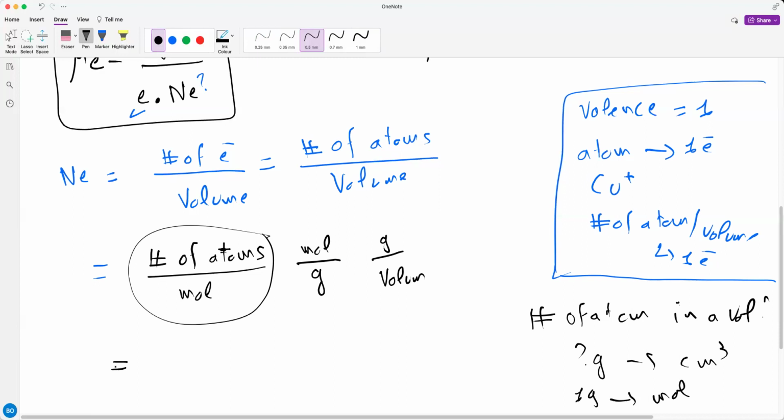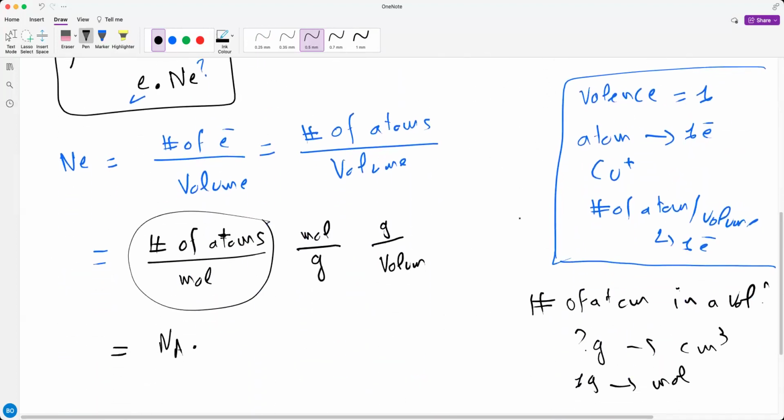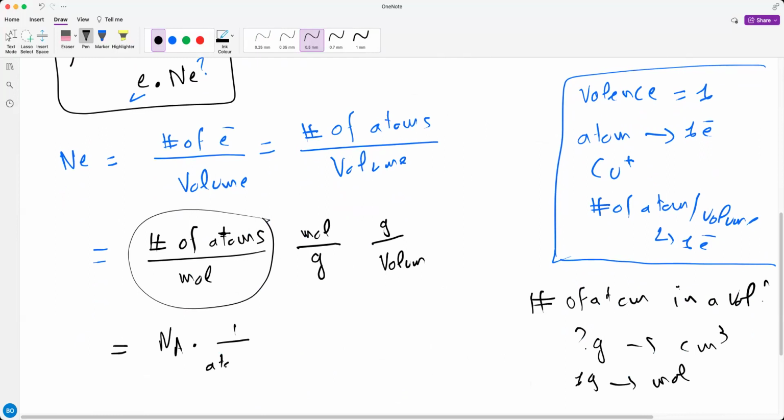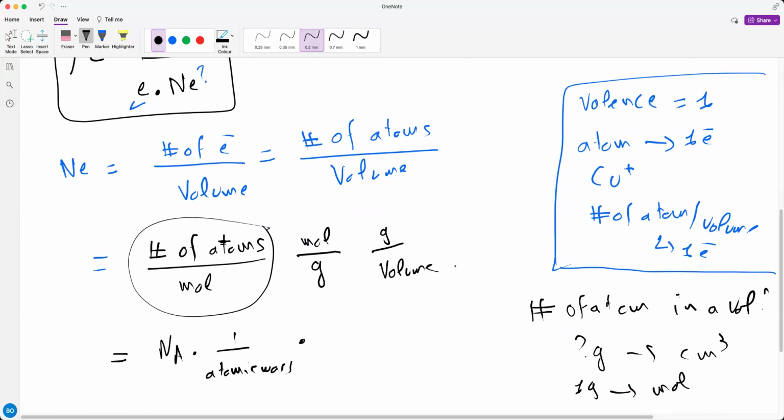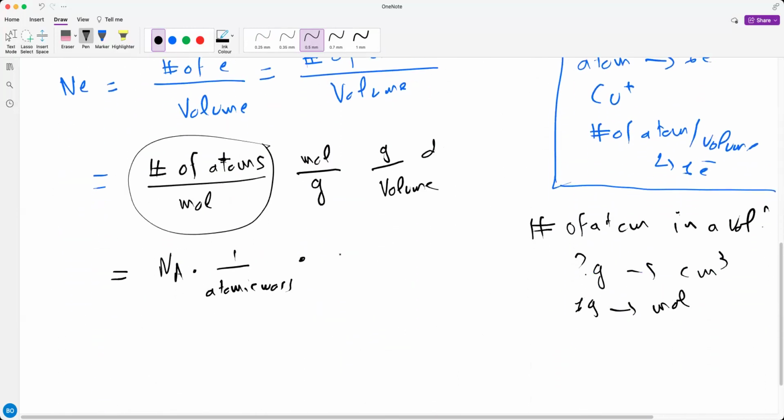It's Avogadro's constant, right? So the Avogadro number. Is it 6? Yeah. Right? Okay. Now, how many moles per gram? Moles per gram is 1 over the atomic mass. And how many grams per volume is the density? So this is how you calculate.